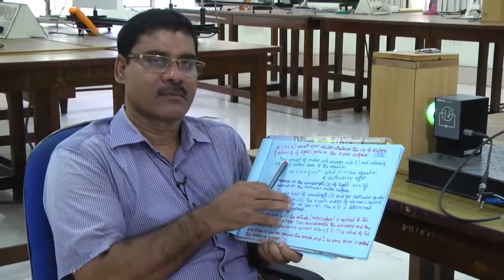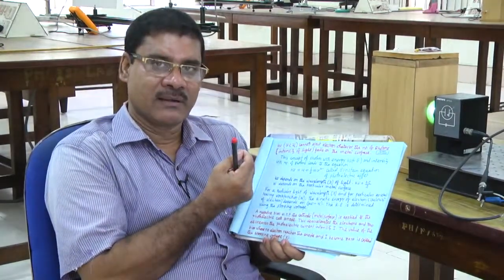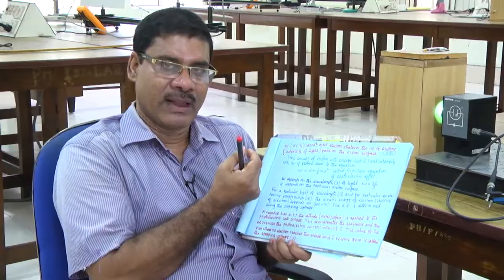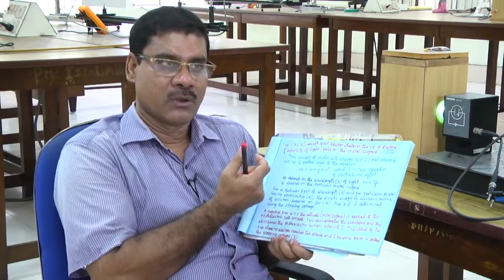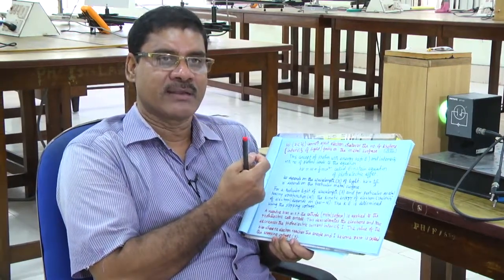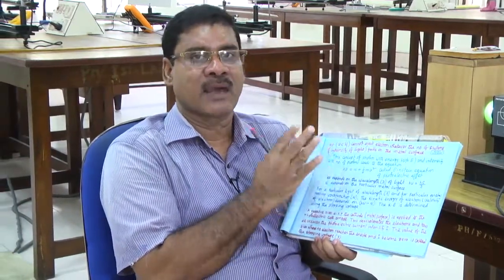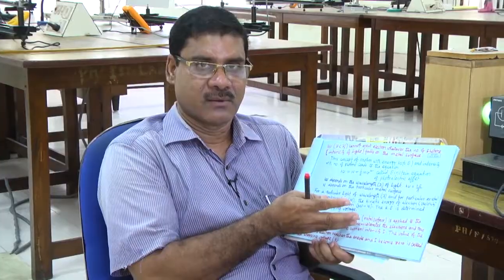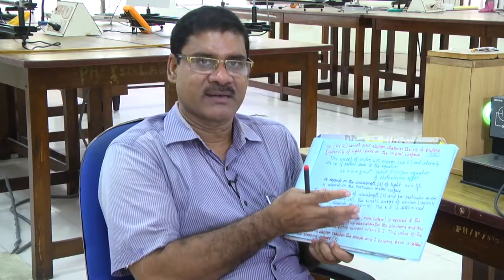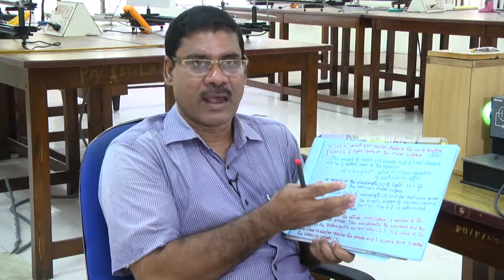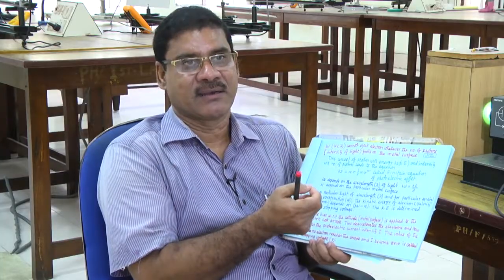Then each electron will absorb one photon. So it will get h nu energy, which is higher than the work function. It will overcome that work function barrier, the surface barrier, and come out, and it will have some additional energy. That energy will act as kinetic energy.